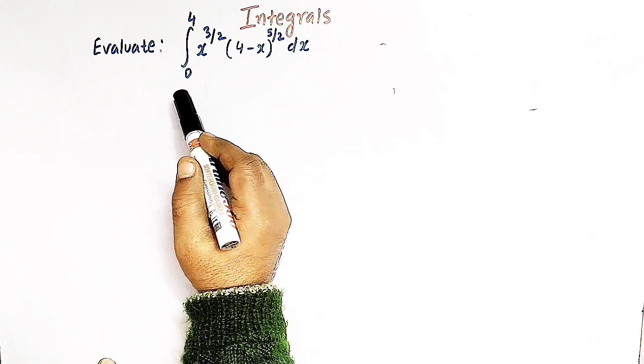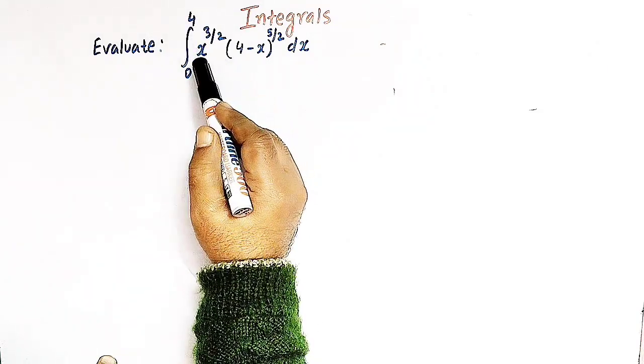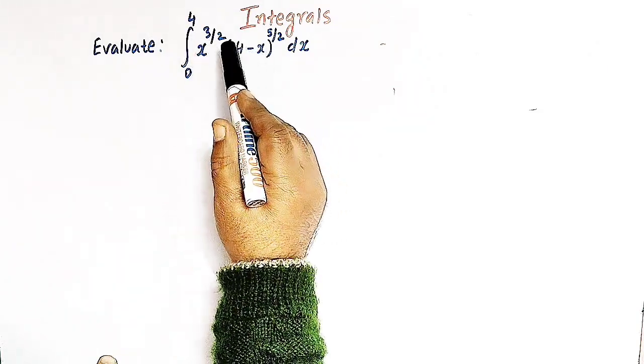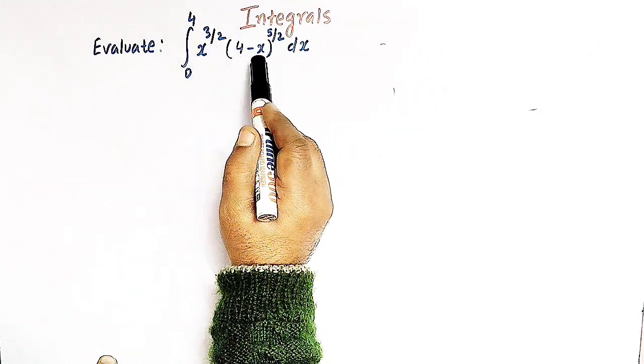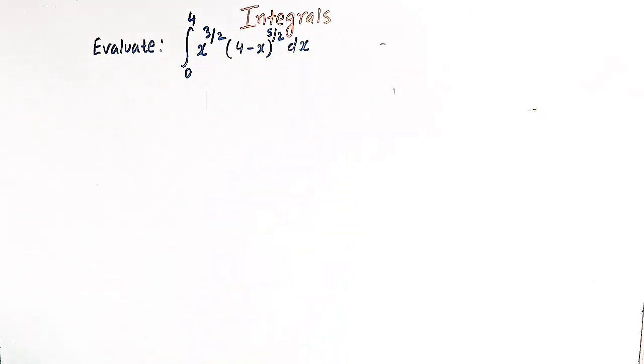So here we have the integral from 0 to 4 of x raised to 3 by 2 times 4 minus x raised to 5 by 2 dx. First we'll convert this integral into a beta function by using the method of substitution. So let us start.